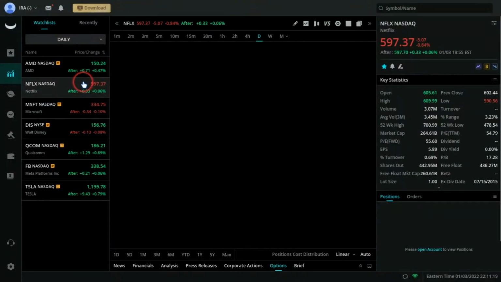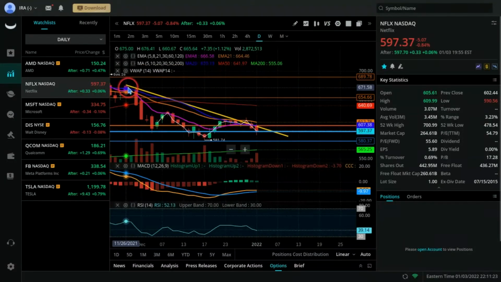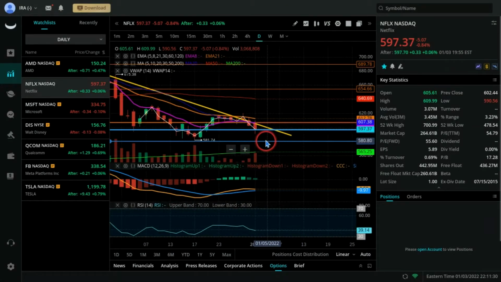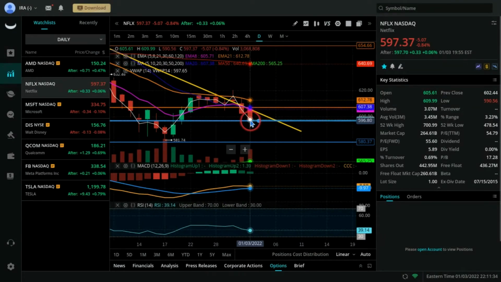Okay, so Netflix still has the downtrend coming down, and it can't break that downtrend. But what I like about it is the bounce off support right here.